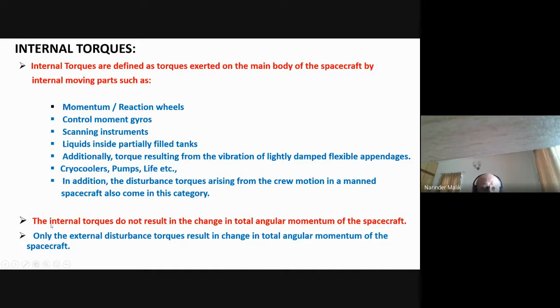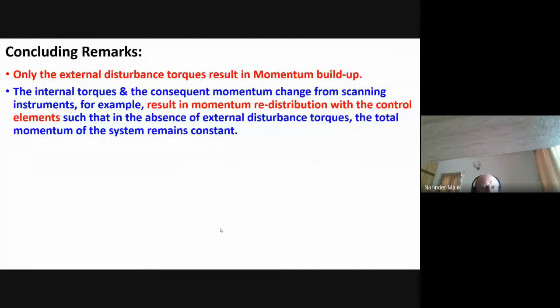But the important thing to remember is that internal torques do not result in a change of total momentum of the spacecraft. Only the external disturbance torques result in a change in total angular momentum of the spacecraft. This is what we will see in the subsequent slide. Concluding remarks.